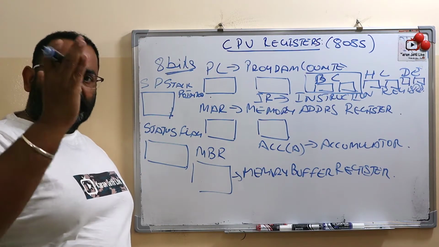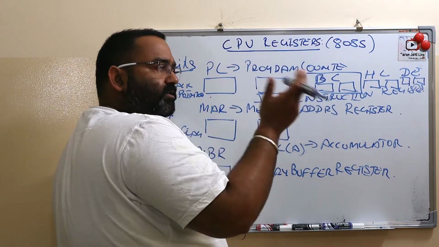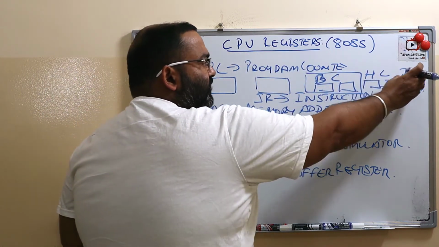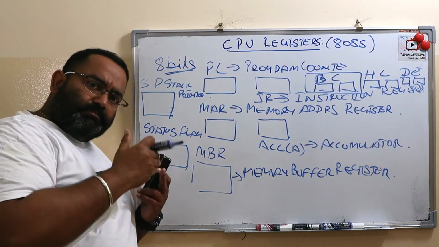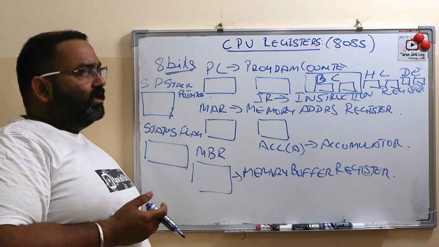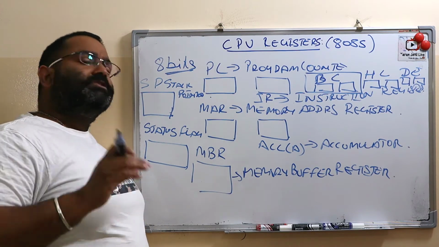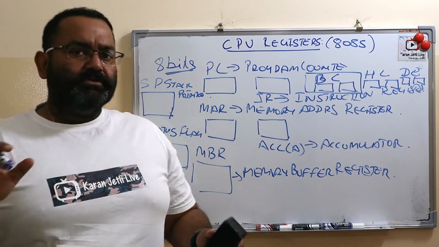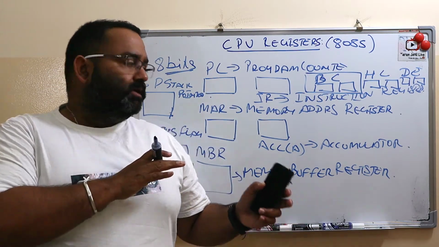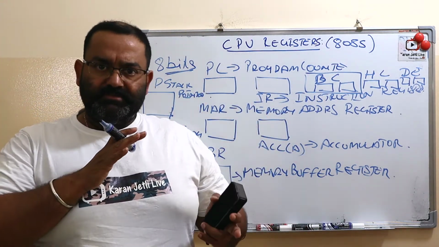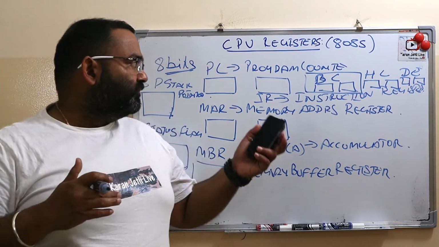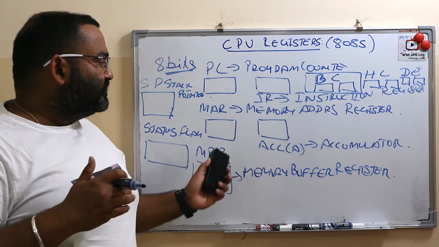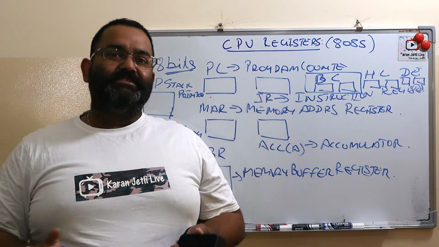They can work as single 8-bit registers, or we can combine them together to make a register pair, and the register pair becomes a 16-bit register. I hope it is clear up to here. Here we discussed the different registers. In the next part of the video I will tell you the functionality of each register.